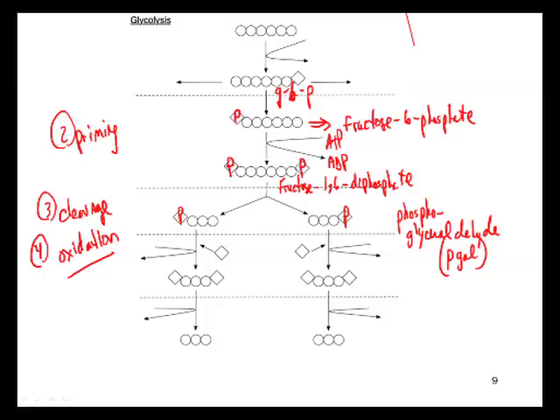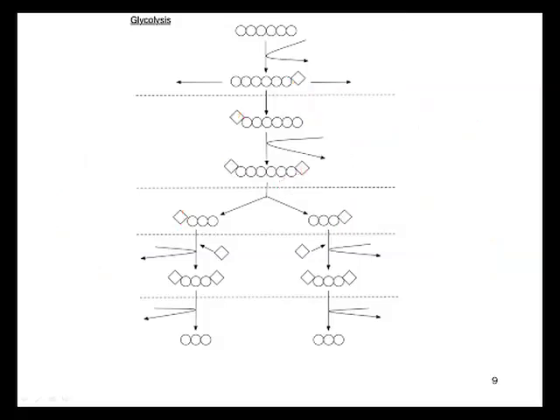So what we will see, I'm going to clear this out here. What we will see is that our first electron carrier, NAD+, remember that? NAD+ is going to be reduced to NADH plus H+.